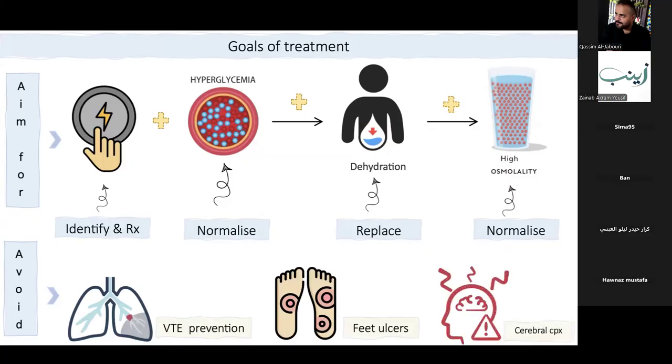And they should also have regular neuro observation because they are at high risk of developing cerebral complications, whether it's cerebral edema or osmotic demyelination. They can even develop a stroke late during the inpatient stay that may not have developed before. So these should be your aims, and what you should avoid while you are managing those critically ill patients.